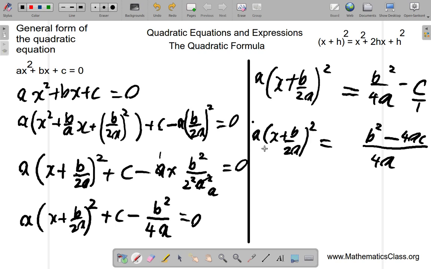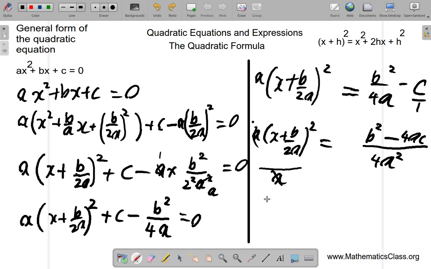Now remember, we want x equal, so we're going to get rid of whatever we have over the left hand side except the x. Now let's divide both sides by a. If we divide here by a, this a cancels. And when we divide the right hand side by a, 4a times a is the same as 4a squared. You see that?